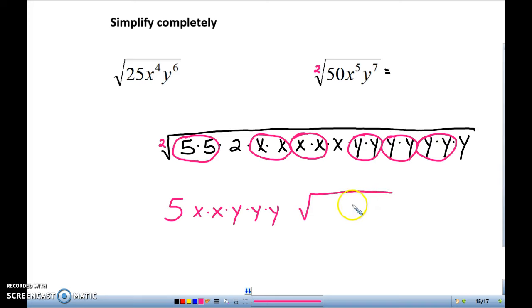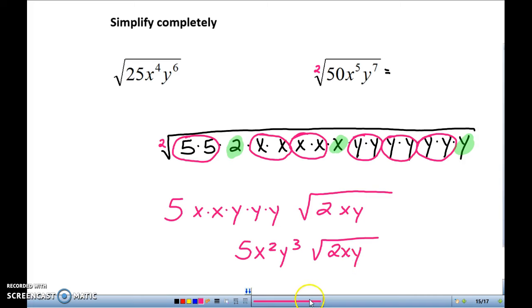Now I've got to go back and find out what didn't group together. Those right there stay under the radical sign, 2, x, y. So my final answer here is 5x squared, y to the 3rd, times the square root of 2xy.